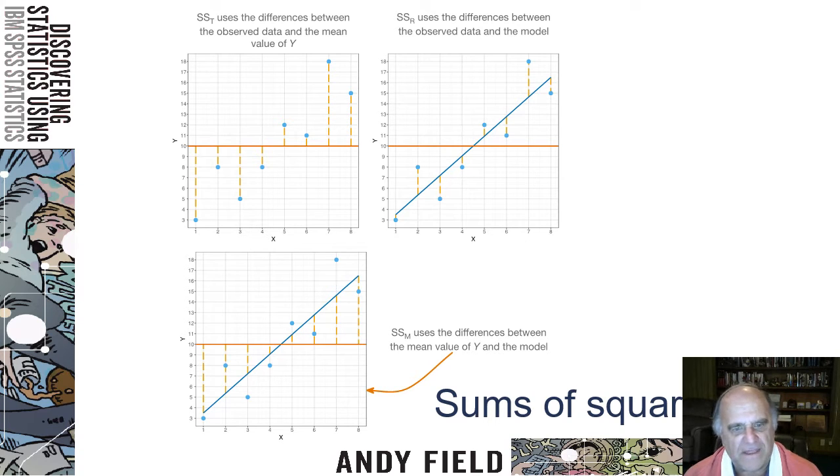And then we went through last time how Field labels these. Field labels SST as the difference between the observed data and the mean value of y. SSR, the difference between the observed data and the model. And then SSM, the difference between the model and the mean value of y.